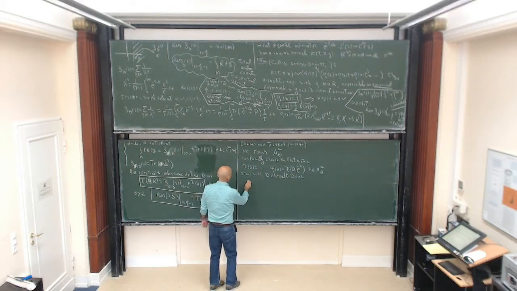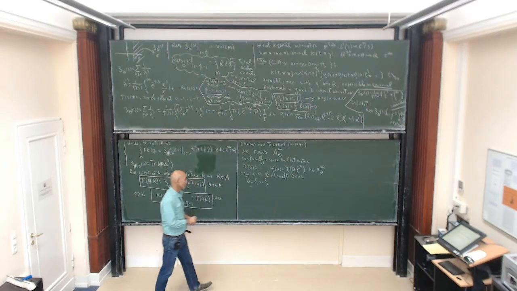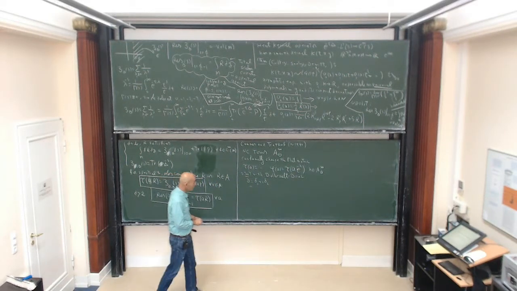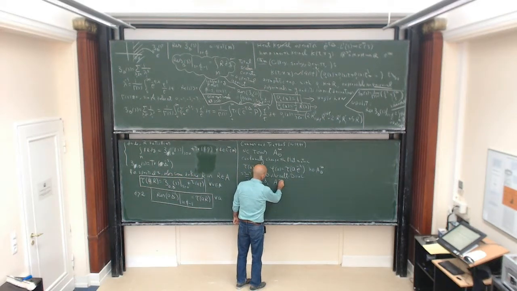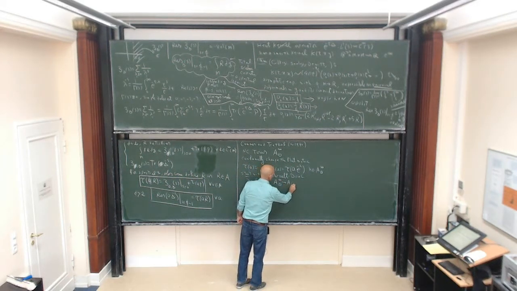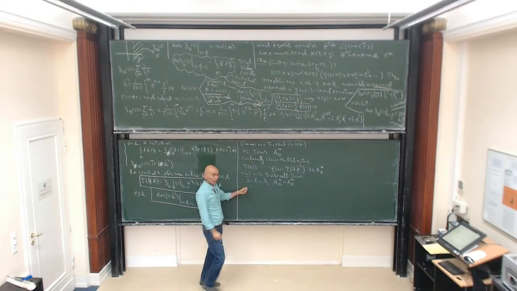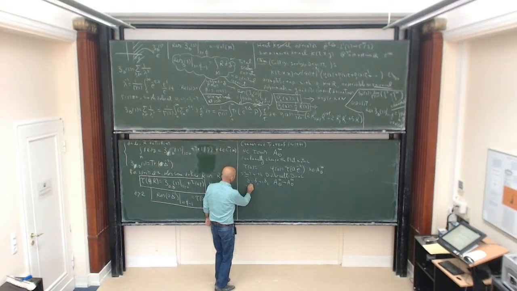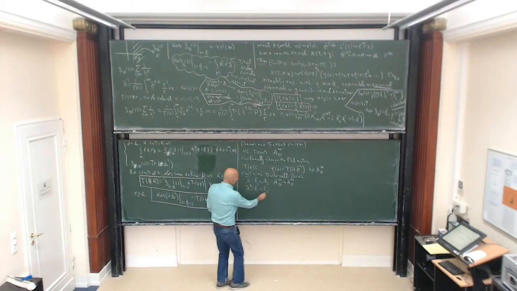You just look at this operator del bar, which is delta 1 plus i delta 2, right? Now, this operator goes from A theta infinity to A theta infinity, right? And then you look at its adjoint, del bar star, delta 1 minus i delta 2, same.